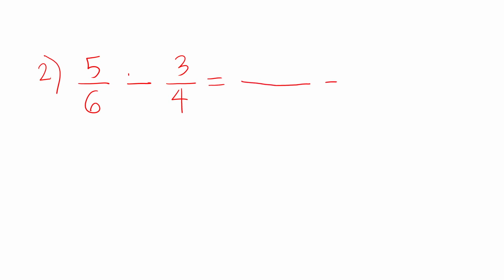Kining example number 2 nato. Number 2. Let's have 5 over 6 minusan nako ni 3 over 4. So, I'll use the same process. Okay? So, akong i-multiply ni, pila man ni i-multiply? 24.